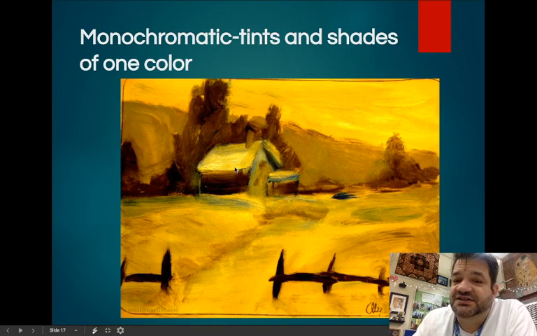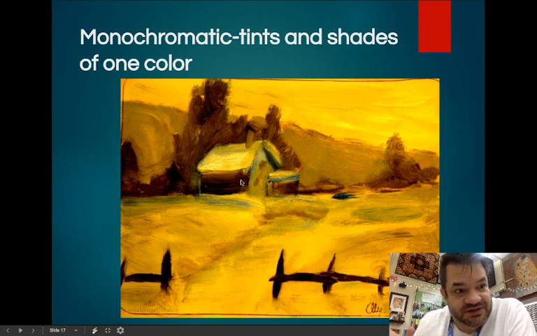Now sometimes those tints and shades have actual names. The tint of red is pink. The shade of red is maroon. Tints and shades of yellow don't really have a name in English.